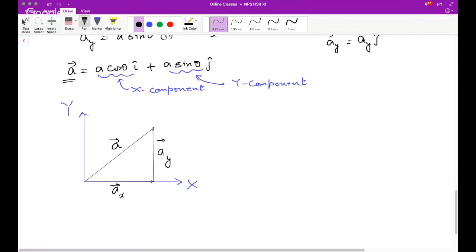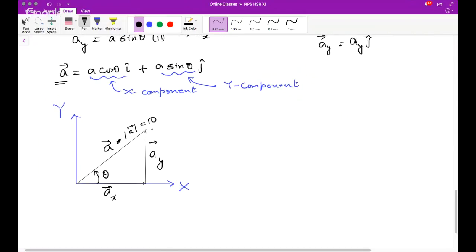And let's say this angle is theta. Now let's say the magnitude of A is given as 10, and let's say theta is 30 degrees.